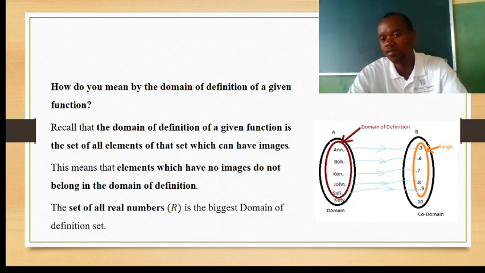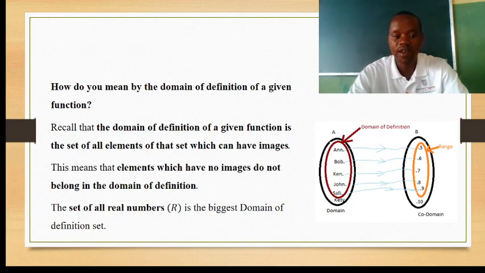What we have to know now is that the set of all real numbers is the biggest, the largest, or the main domain of definition set. The other domains of definition are subsets of this set of all real numbers.